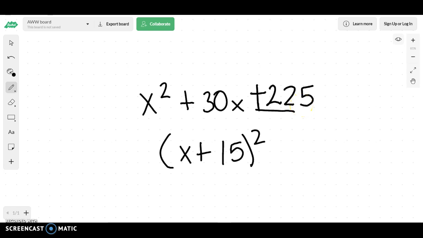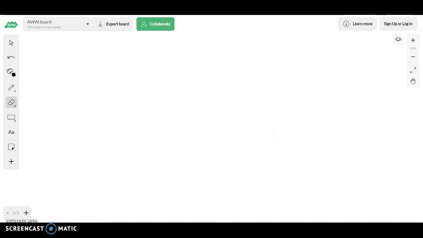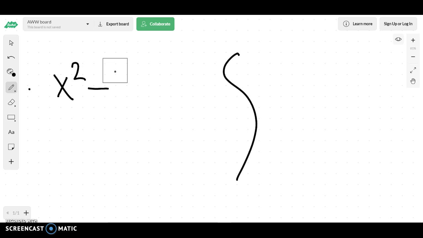Okay? Now you may be thinking, what would happen if this was a negative number or a decimal? So let's see. So let's do the negative number first. So if you had x squared minus, let's go with 20x plus blank.